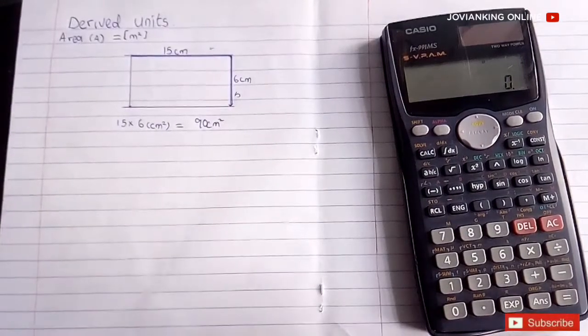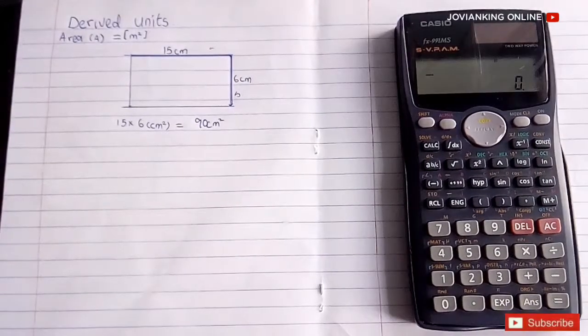From our calculation, let's try to convert this 90 cm square to meter square and see what it gives us. From our meter rule, we have that 100 centimeter is equal to 1 meter. So to find its conversion to meter, we apply the cross multiplication method.